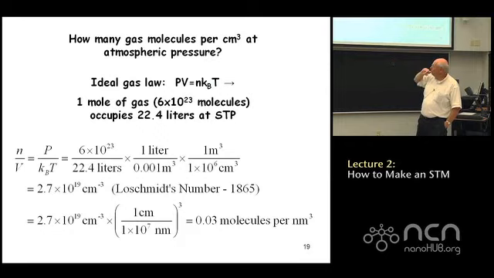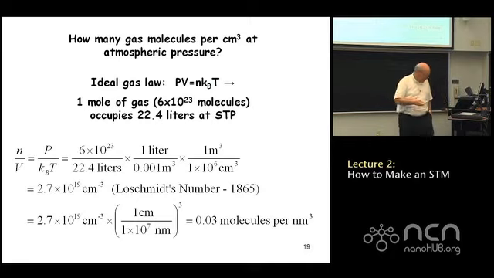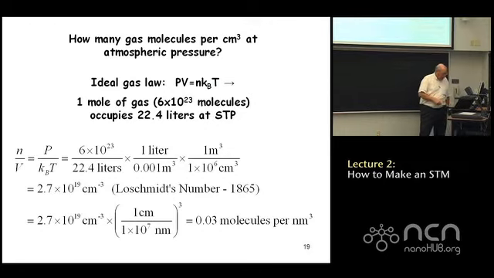So in a volume of 0.3 nanometers cubed, you'll find there are very, very few atoms located in that volume where the current is localized during the time it takes the electron to tunnel from the tip to the substrate.